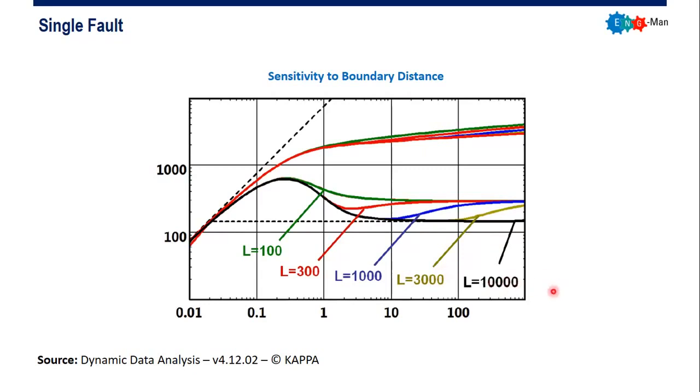So that's the basic concept for pressure transient analysis in a reservoir with a single fault, or a well located near a single fault. I hope the explanation is clear and we will jump into the Saphire software.